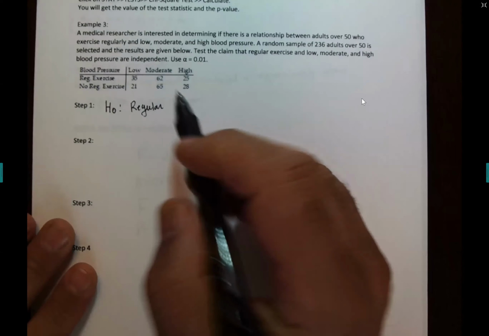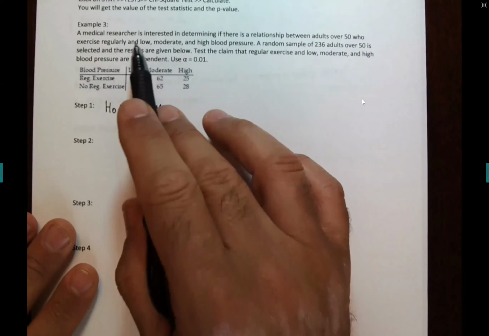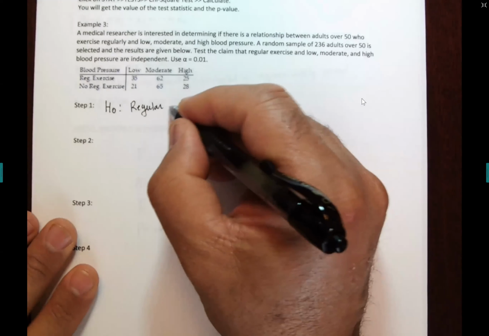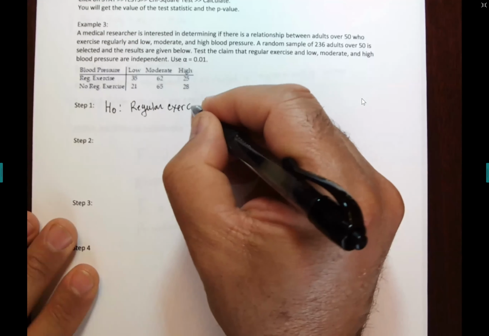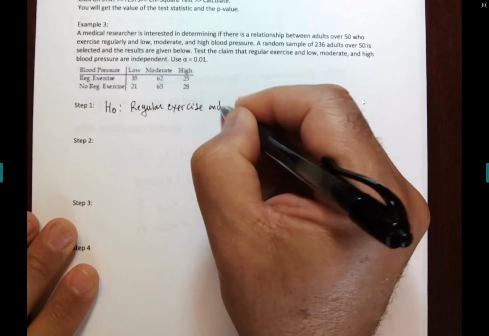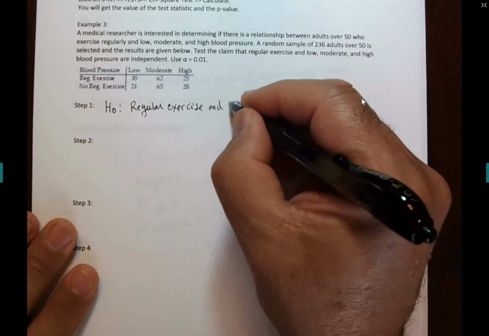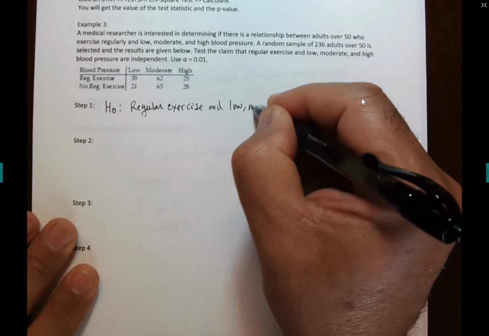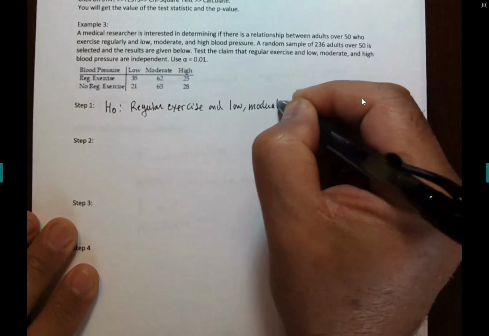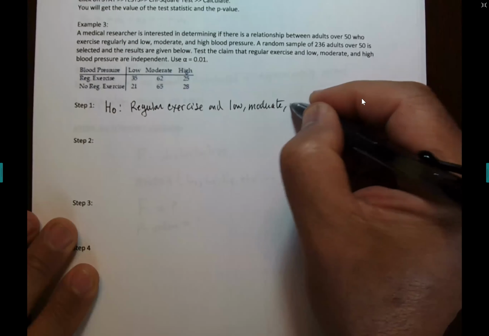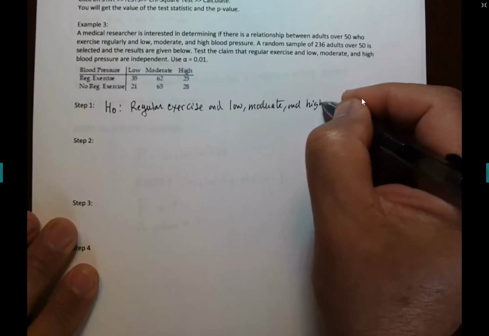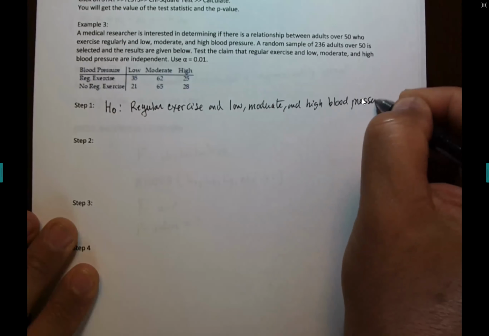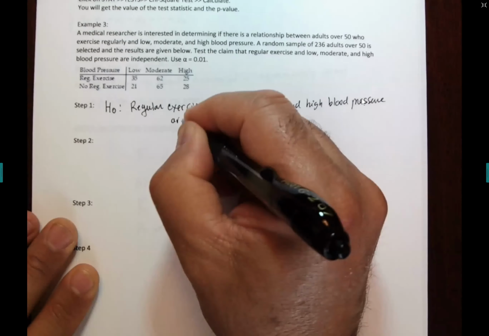So we are doing example 3 about the test of independence. H0: regular exercise and low, moderate, and high blood pressure are independent.